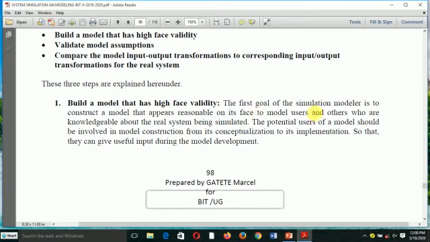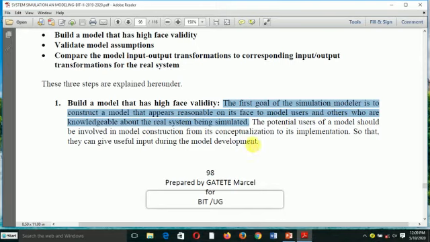The first goal of the simulation model is to construct a model that appears reasonable on its face to model users and those who are knowledgeable about the real system being simulated. Here, as we say, it has high face validity, with a very nice user interface, so that users will be comfortable using your system.